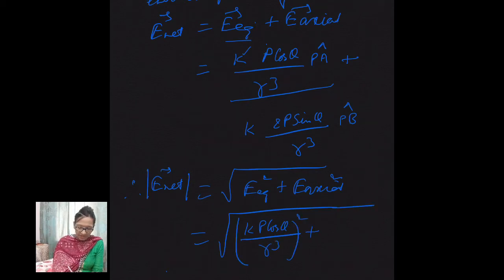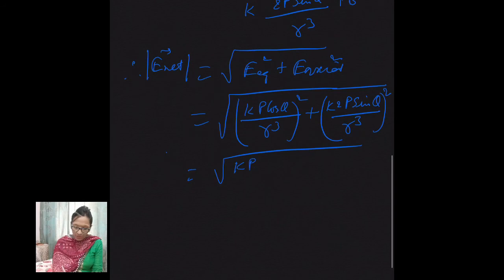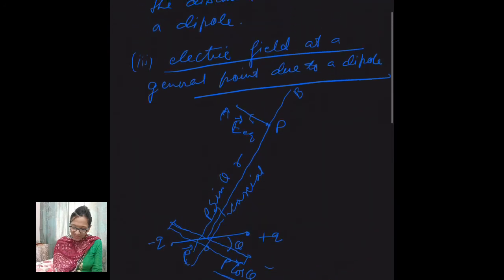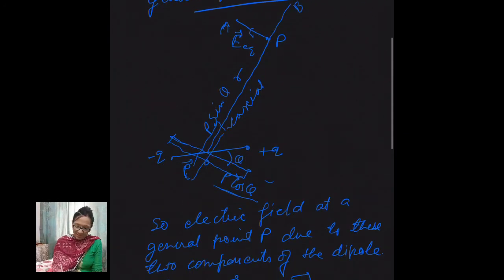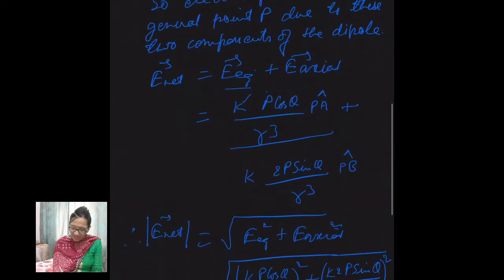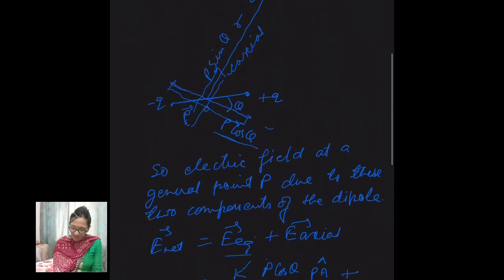Therefore, the magnitude of the net electric field at a general point P is equal to K p upon R cubed into the square root of cos squared theta plus sin squared theta plus 3 cos squared theta. I expanded it, and this is equal to K p upon R cubed times the square root of 1 plus 3 cos squared theta.